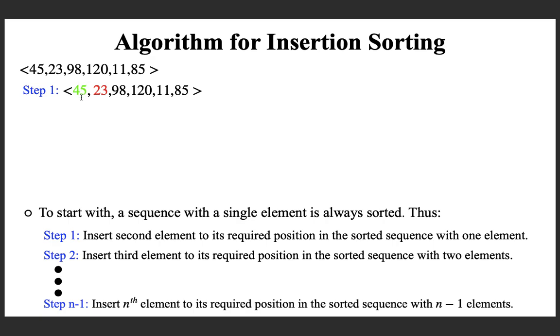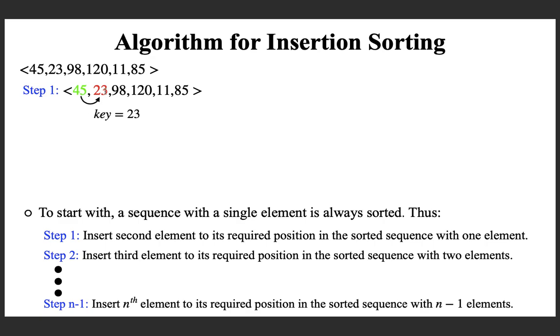Now you take that element as the key, which is now 23, and you want to add it to the sorted list. Now there is only a single element, but because 23 is less, it should come first. So how can you do that? You move 45 to the right, because you have already assigned 23 to key.